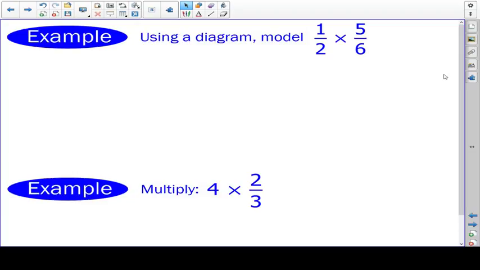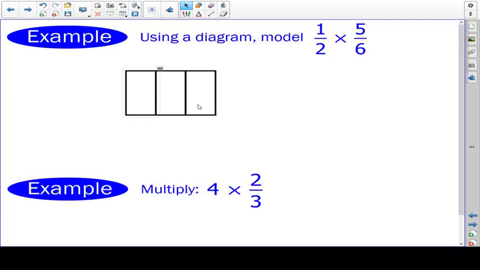Using a diagram, model 1/2 times 5/6. So what I would do, if I was doing this question, is I would make something like this. We need 6.